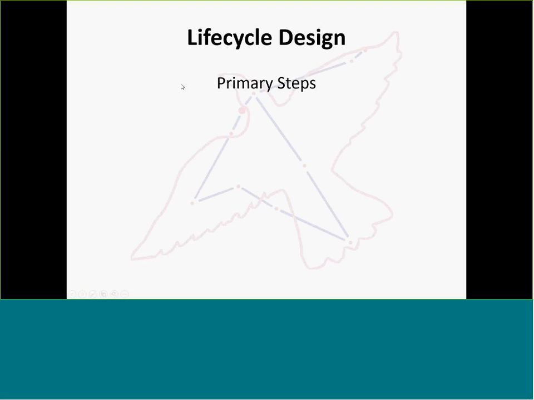So what are the primary steps? Your full review of the history of your application. This is not just the submission numbers, this is anything sent to the FDA. And you want to start with your initial application and look at every submission and see what changed in that submission.